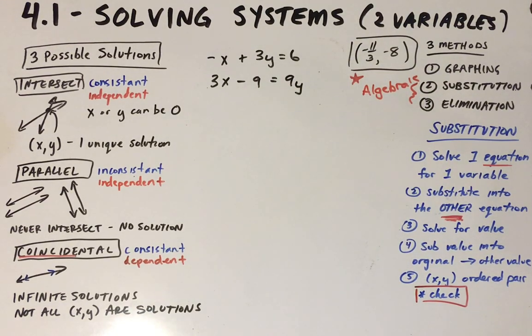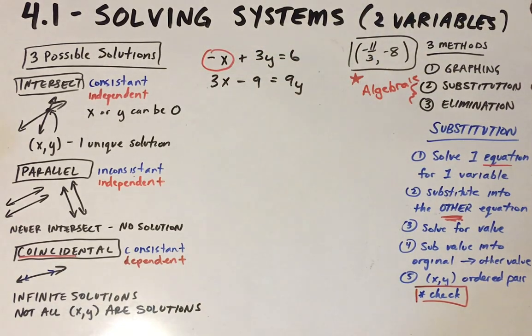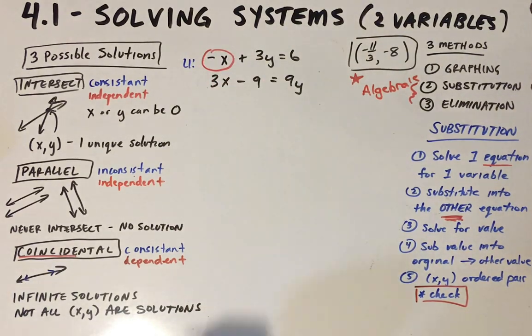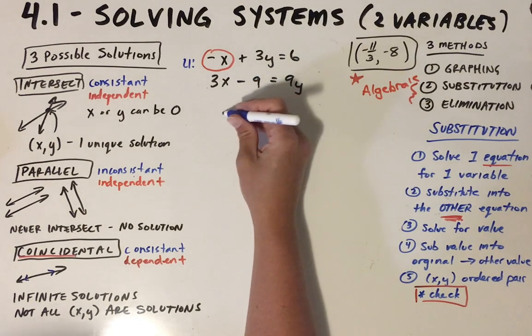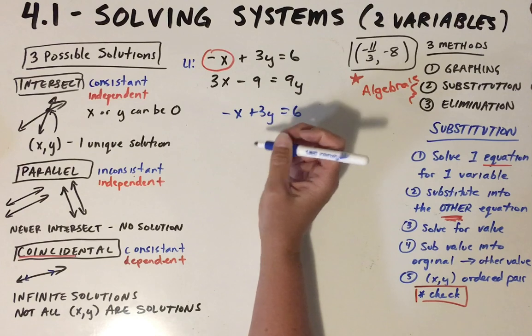The easiest equation to solve here would be to solve the first equation for x. So I'm going to take line 1 and solve it for x. Sorry, I'm not going to add x.